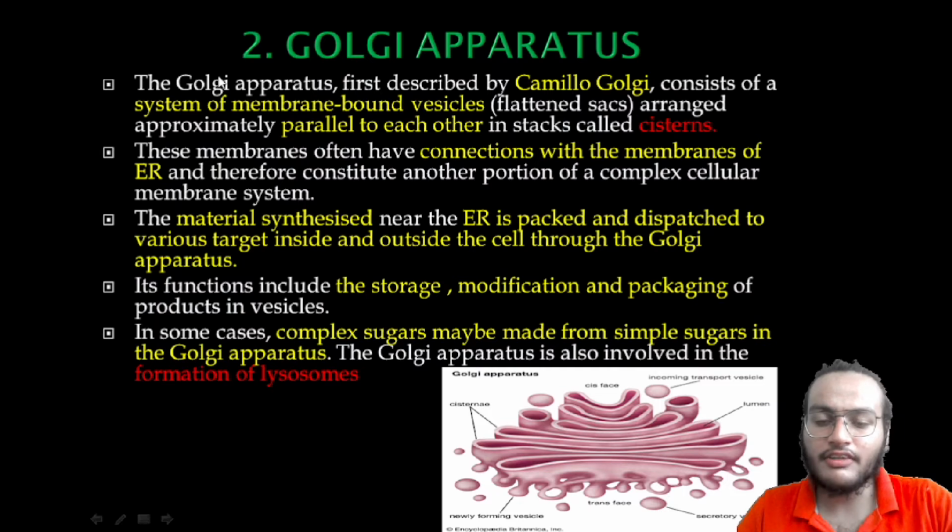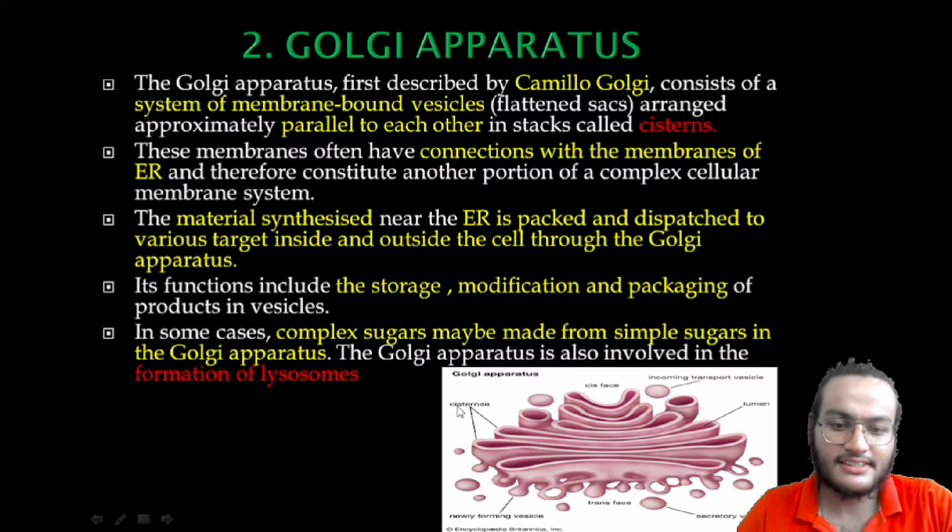The next cell organelle we will be talking about is the Golgi apparatus. This was first described by Camillo Golgi, and it consists of a system of membrane-bound vesicles or flattened sacs. They are arranged parallel to each other, and these are called cisterns, cistern in the singular. They have a connection with the ER, and they form a complex cellular membrane system.